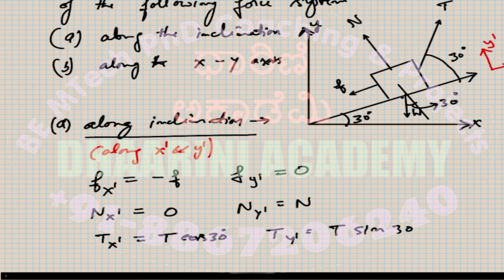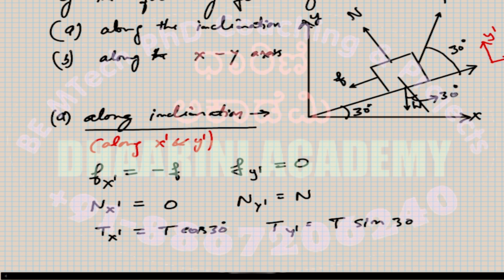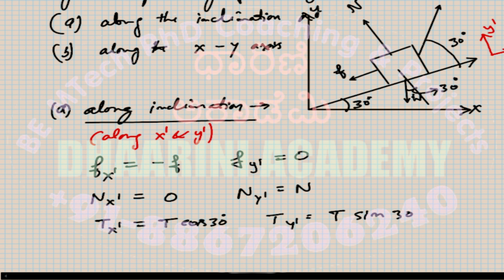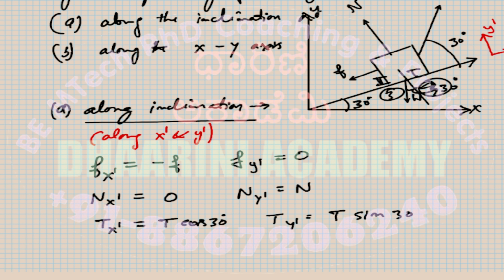So it is 30 degrees with respect to the y dash axis. The angle is given with respect to y dash, and you can see that this is in the third quadrant. This is quadrant 1, quadrant 2, this is the third quadrant, and this is the fourth quadrant. Since it is present in the third quadrant, I am very sure that both the x and y components are negative.